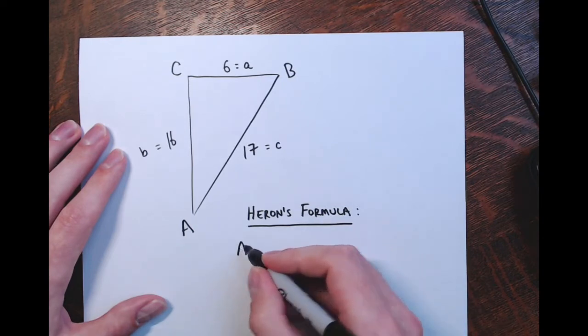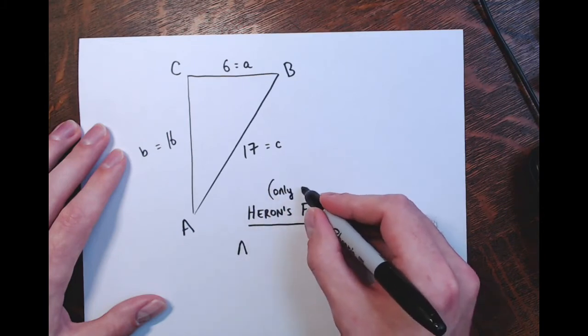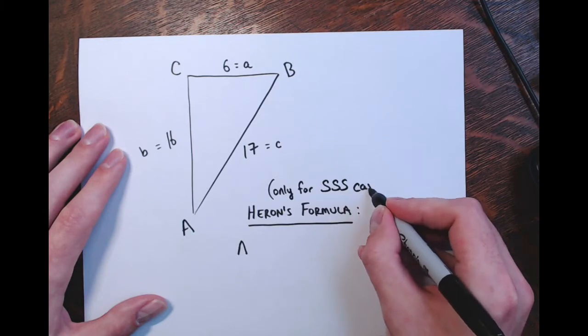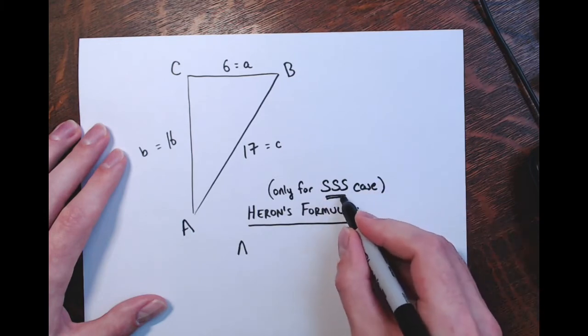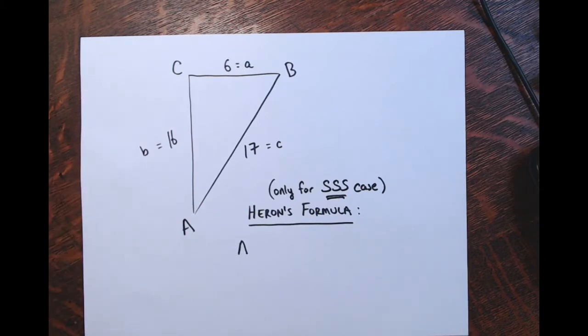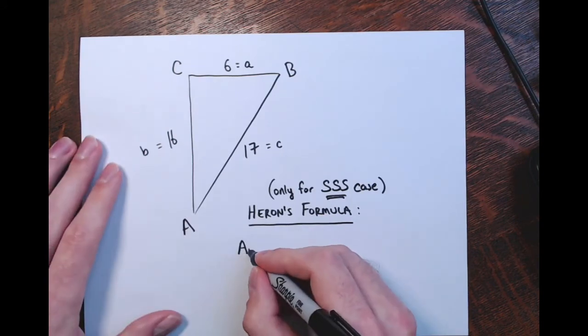So this is only for the side case, where you know all three side lengths of a triangle. You can find the area without having to calculate the height, or without having to calculate any of the angle measures. And here it is.